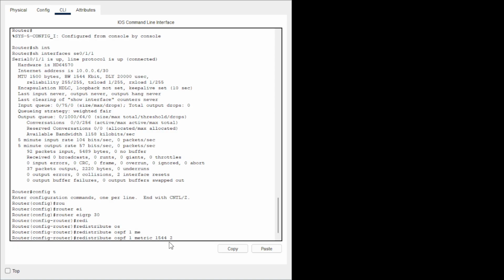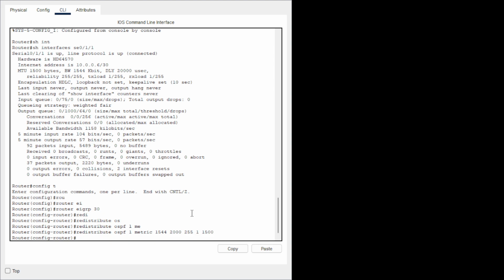Here it is 20,000 microseconds, so a multiple of 10 should be 2000. And the reliability 255, and then load 1, and MTU 1500.